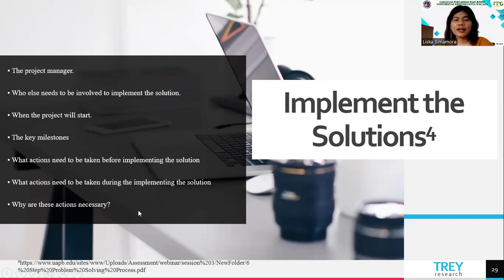The last one is, why are these actions necessary? It's quite the same as the key milestones. You keep reminding yourself and your partner that this project has a noble purpose, to solve the problem.